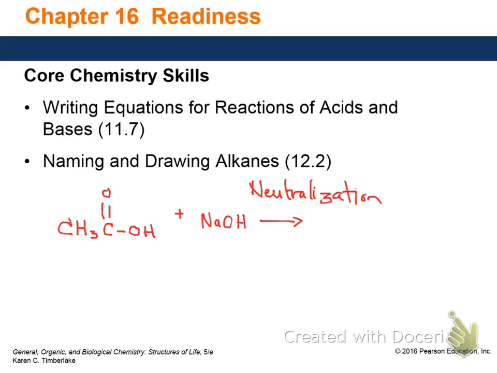In this case, it's going to be H2O. Now, if water is one of the products, that's actually this H and this OH, right? Then what I end up with, I ran out of space, is CH3, C double bond O, O minus. You get a negative sign there, and Na plus.